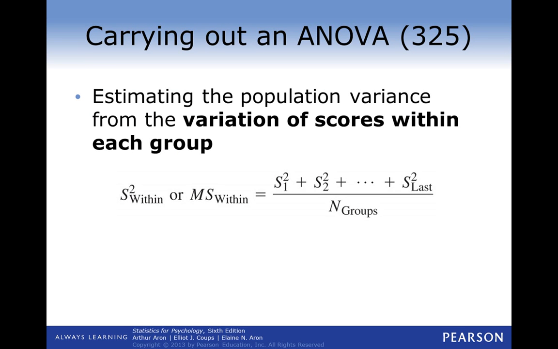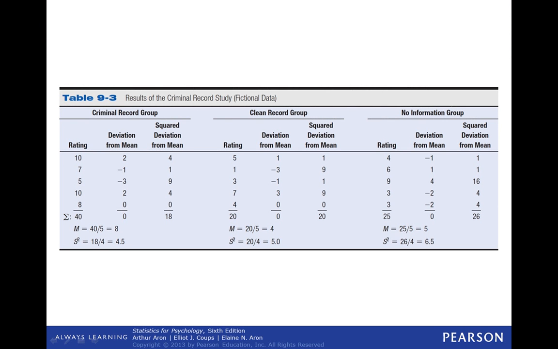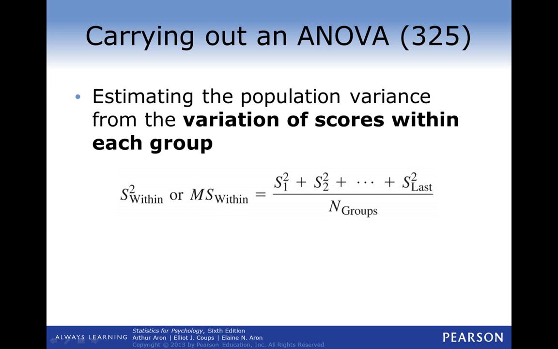So let's create our variance for within group. You'll also hear it called within group variance, and as I said, you'll also hear it called within group mean of squares. So what we do is take the variance scores that we calculated for each group, 4.5, 5.0, and 6.5, add them together, and divide by the total number of groups we have.